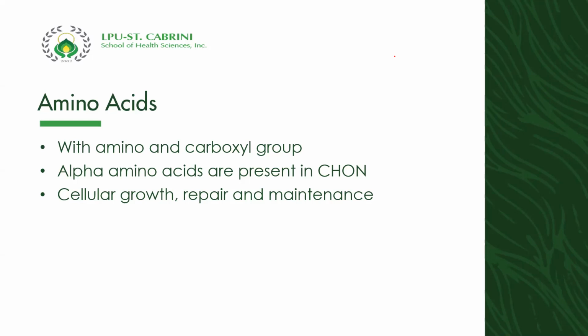Generally, the purpose of our amino acids is for cellular growth, repair, and maintenance. Like I've said, an amino acid is composed of an amine or amino group and a carboxyl group. This represents our protein.